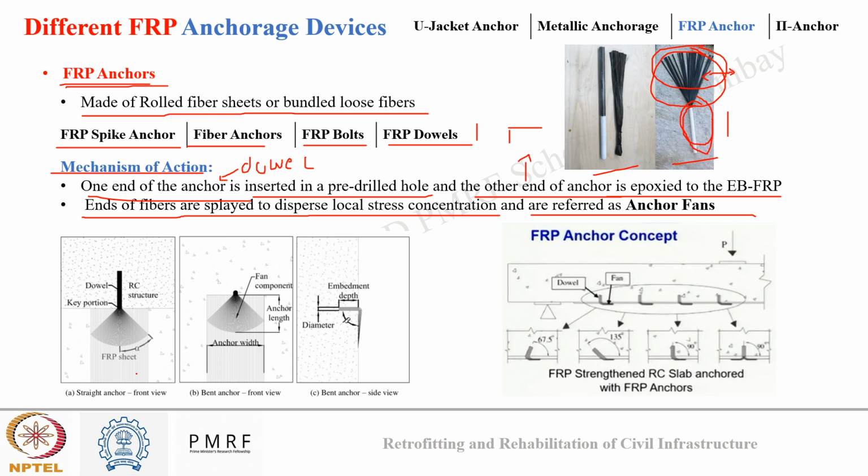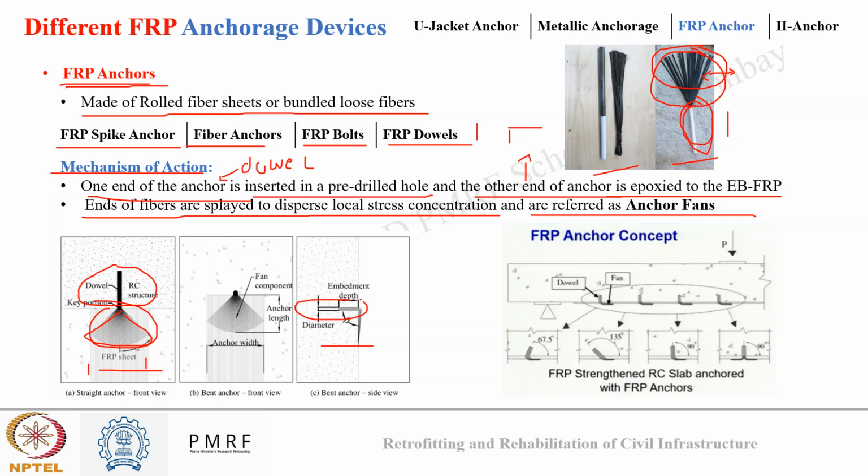So in this image also you can see, this was my substrate. Okay, here in a hole, I inserted the dowel part, and the anchor fan part I spread on the FRP sheet. This was my FRP sheet. Okay, and on this I used these FRP anchors to improve the bond. Okay, from the side you can see how it appears.